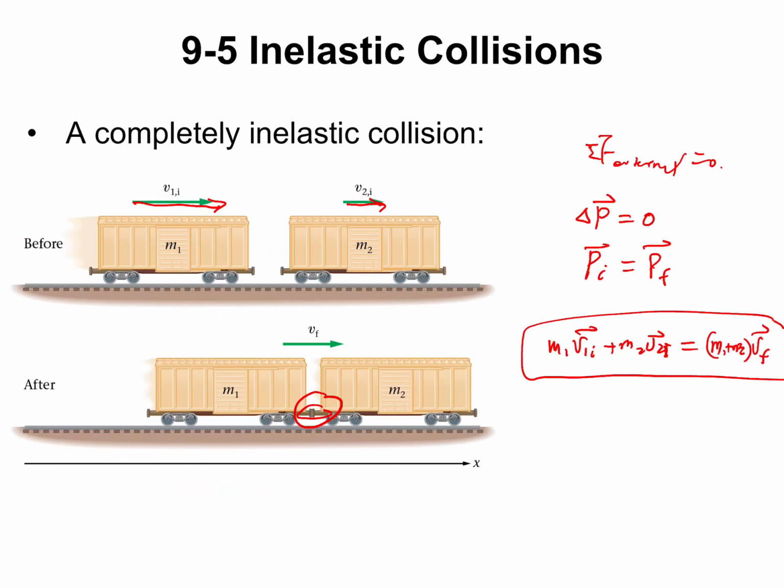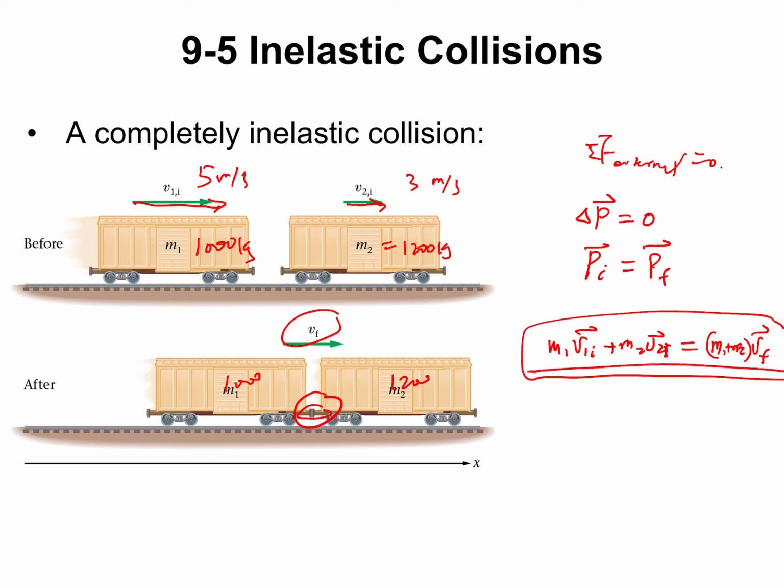Example, let's plug in some data. Assume M1 is 1000 kg and M2 is 1200 kg. V1I is 5 meters per second, and V2I is 3 meters per second. We want to know what VF is.